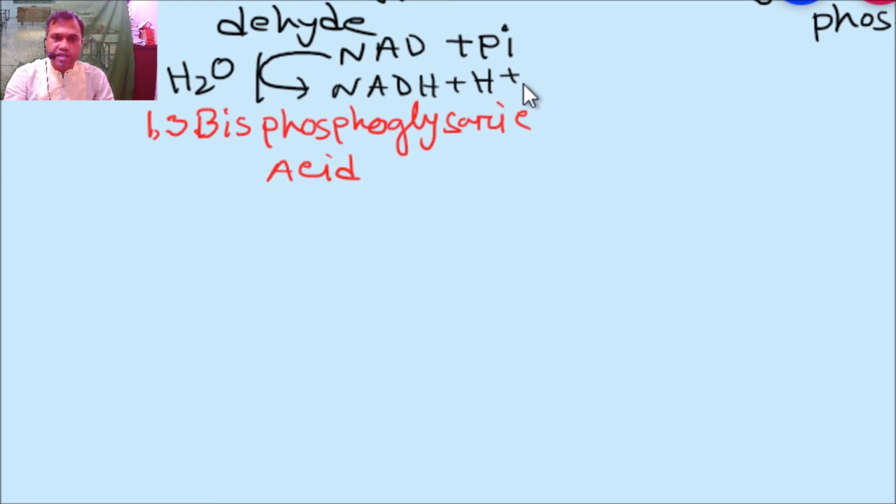This phosphate is received by ADP, and then ADP turns into ATP. The enzyme name is kinase, and the complete name is phosphoenol pyruvic acid kinase, or pyruvate kinase.